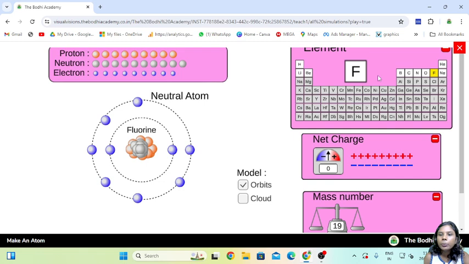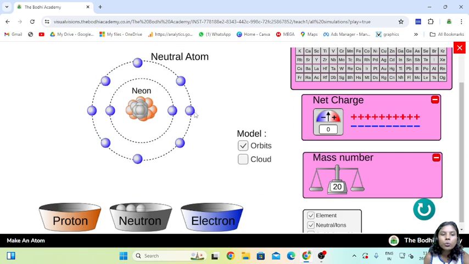Let's look at neon, because that is a noble gas. Now say here I remove 1, so it becomes Ne plus, or plus 1. Since this has a noble gas configuration, you can remove electrons, and its net charge will go towards the positive.